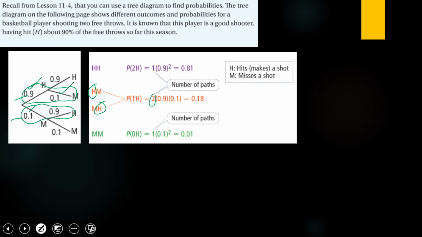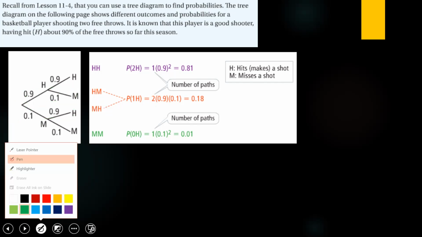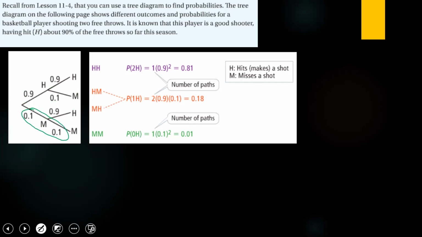Now, the last one here, I want to find the probability of zero hits. What does it mean? That means both of the two shots are misses. So we have only this one branch. So I write 1 times 0.1 times 0.1, or 0.1 squared.